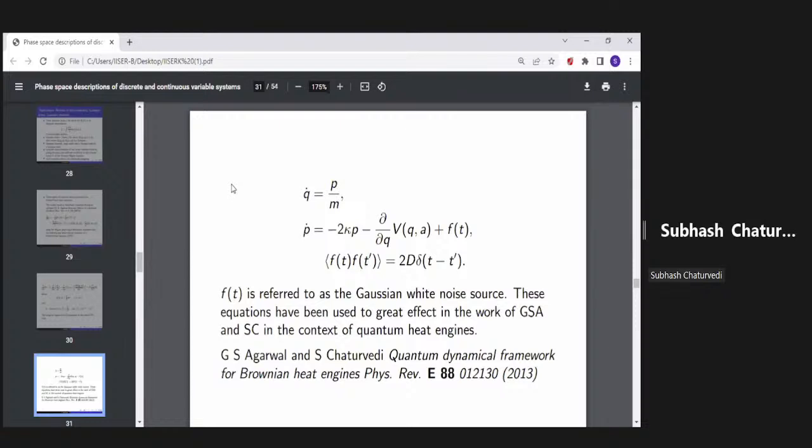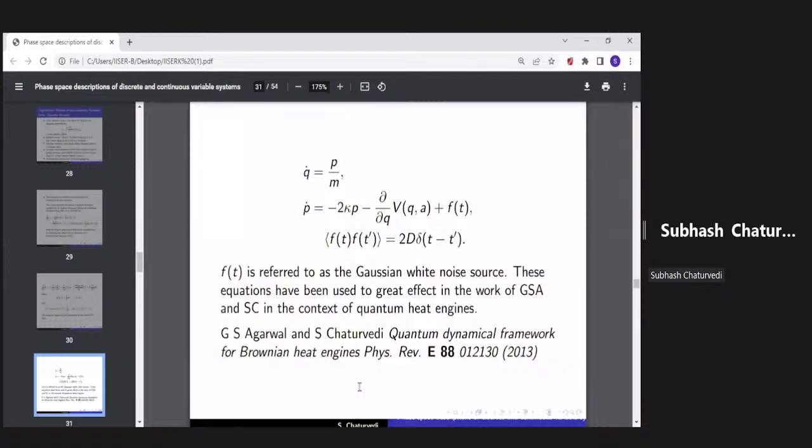This facility to pass from the master equation to a classical Fokker-Planck equation to the corresponding Langevin equation was put to great use in the description of quantum Brownian heat engines, in particular in identifying what could be the definition of work done and heat produced in a quantum context. So this is done in this paper. If you're interested, you can look it up.